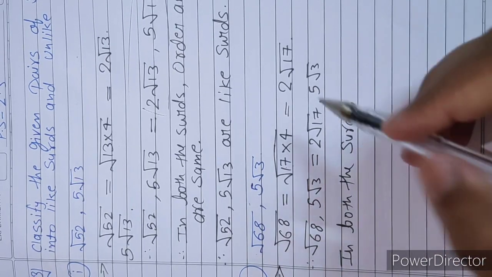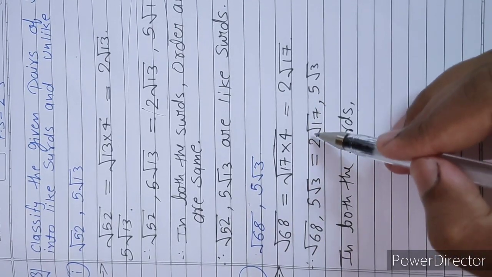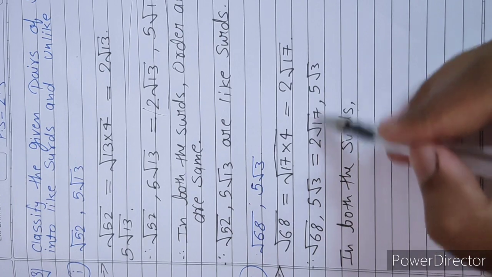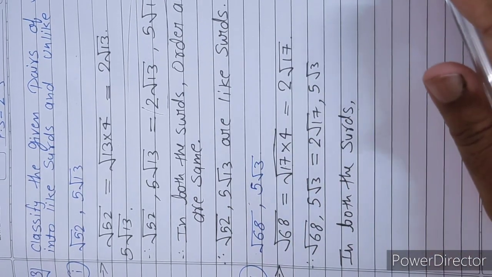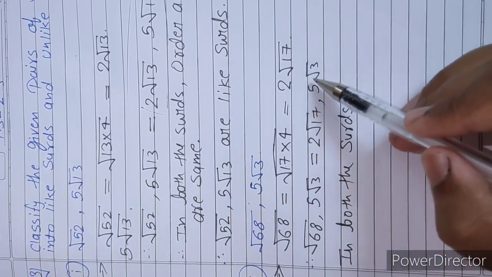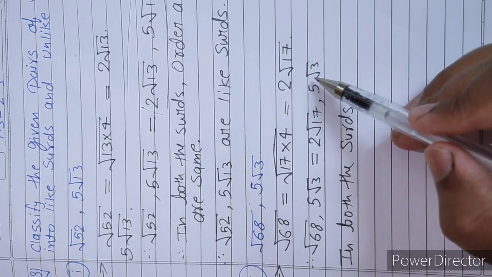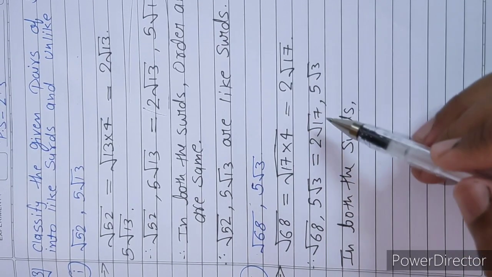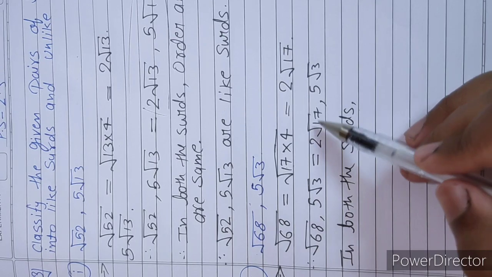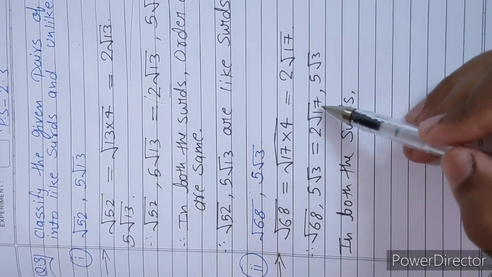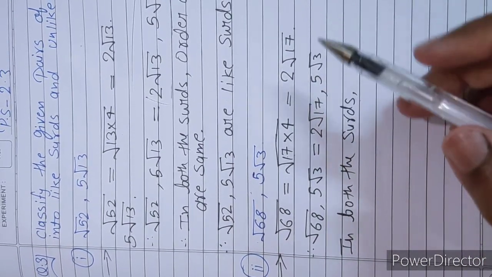When we are comparing both the surds, we are getting that the order of both the surds are same. Here order is 2 and here order is 2, because the order is not mentioned here. And when we are looking at the radicand, we are seeing that the radicand of both the surds are different.